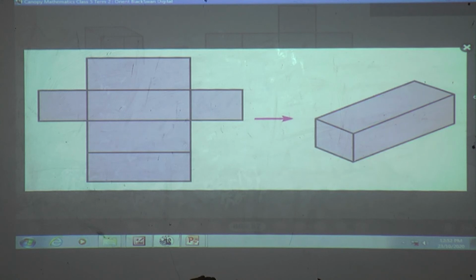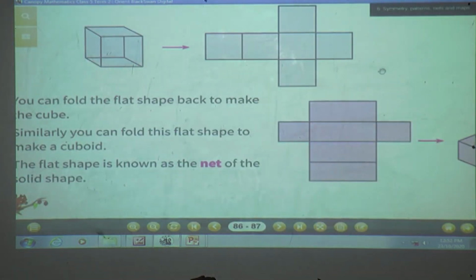The solid has 3 directions: length, breadth and height. That is called 3D. A cube has 6 surfaces and all are squares. So when we fold the net, we can get a cube again.